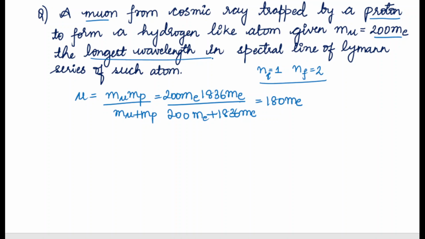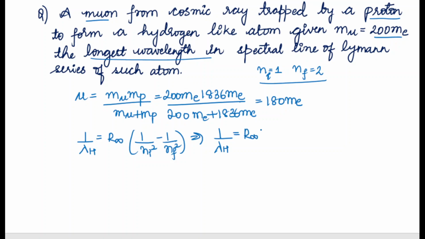Now for the longest wavelength in the spectral line, the formula is again 1 divided by lambda is equal to R infinite for the hydrogen atom, 1 divided by n initial square minus 1 divided by n final square. So after solving, 1 divided by lambda h is equal to R infinite into 3 divided by 4, right?